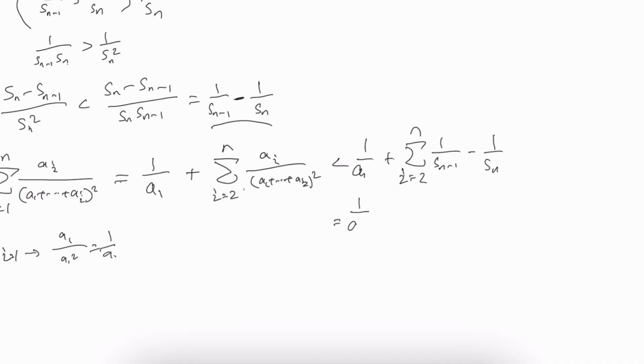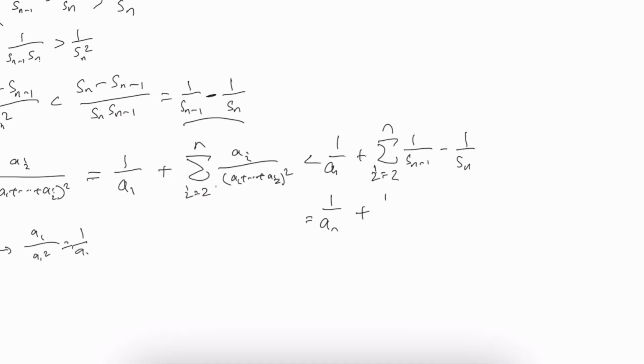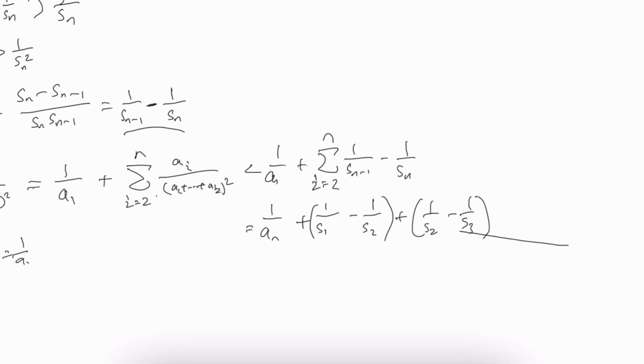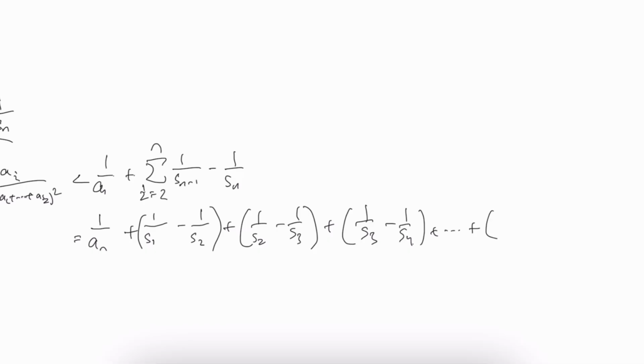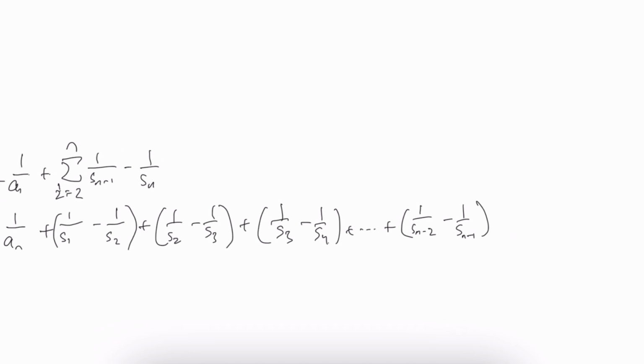This will be equal to 1 over a sub 1 plus 1 over s sub 1 minus 1 over s sub 2, plus 1 over s sub 2 minus 1 over s sub 3, plus 1 over s sub 3 minus 1 over s sub 4, dot dot dot, all the way to 1 over s sub n minus 2 minus 1 over s sub n minus 1, plus 1 over s sub n minus 1 minus 1 over s sub n.